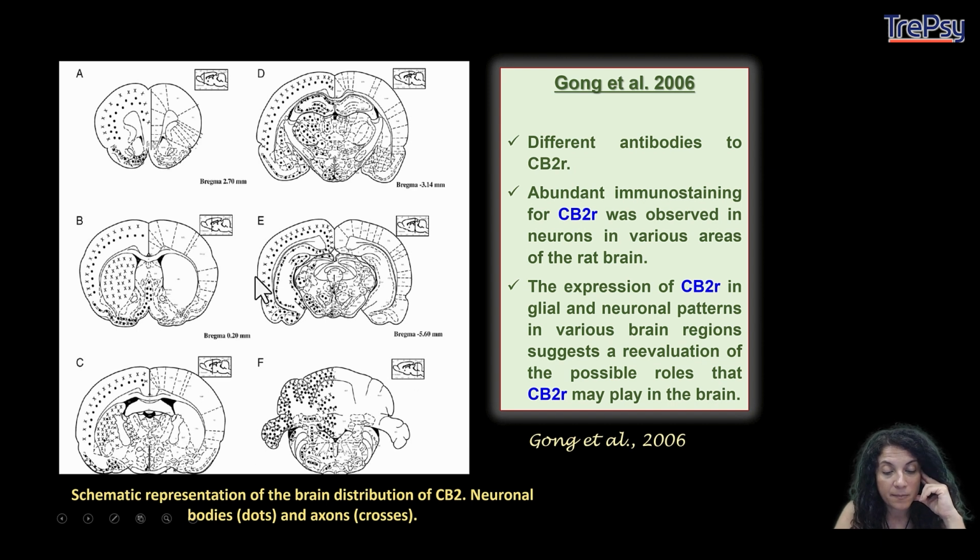That is a schematic representation of the brain distribution of the CB2. We have neural bodies in dots and axons in crosses. So this was a fantastic characterization of the expression of CB2 receptor.